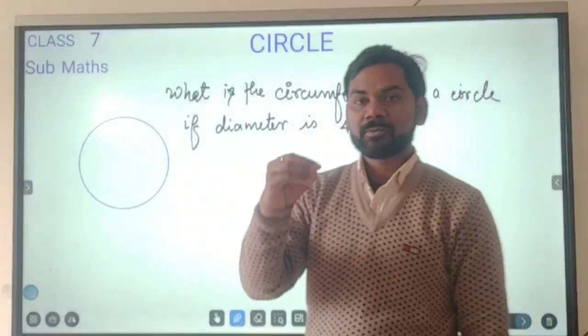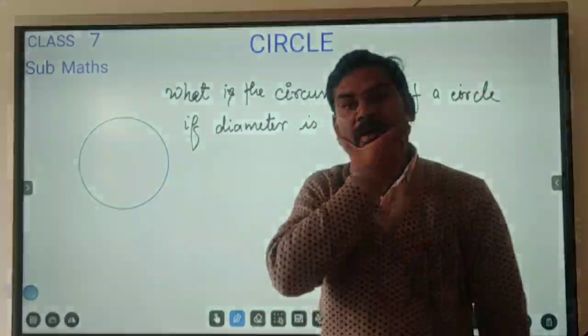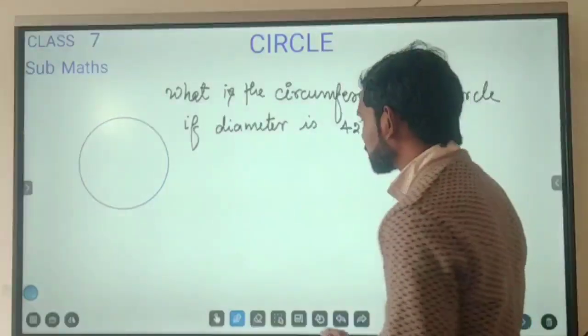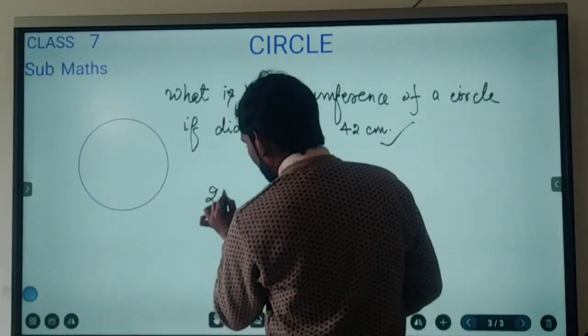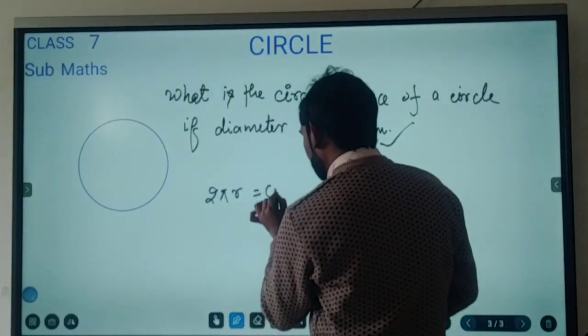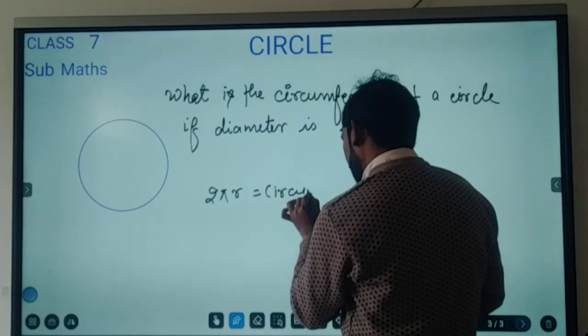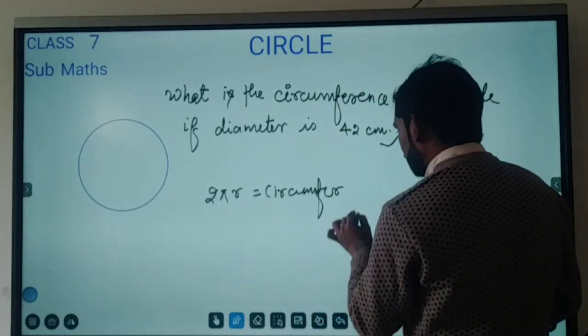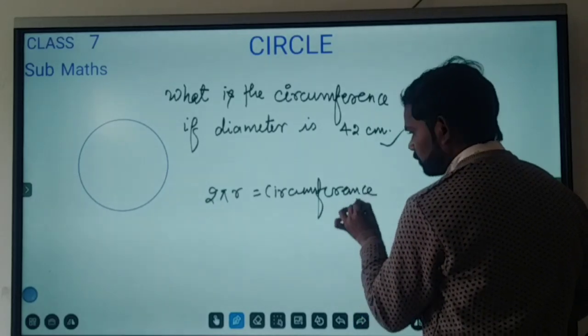We have studied the formula, and the formula is 2 pi r, which represents circumference.